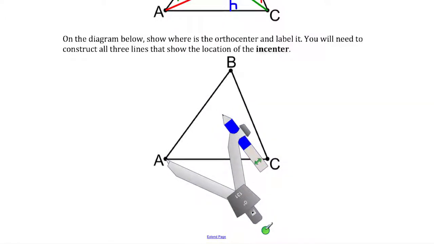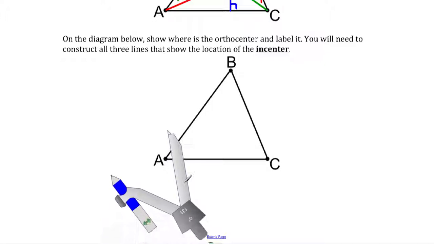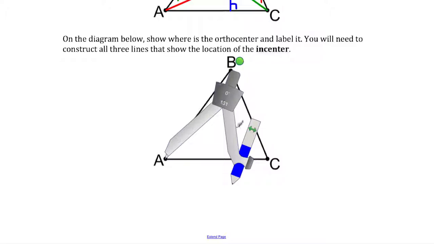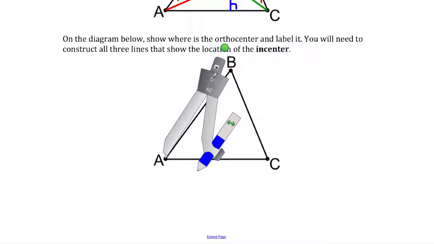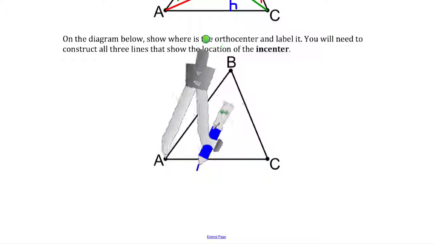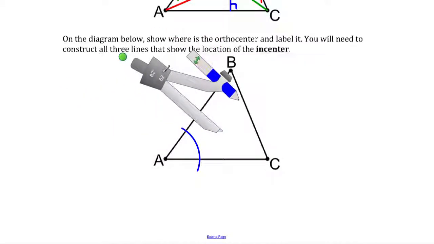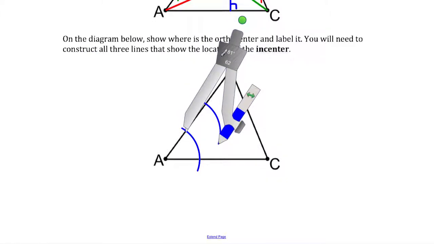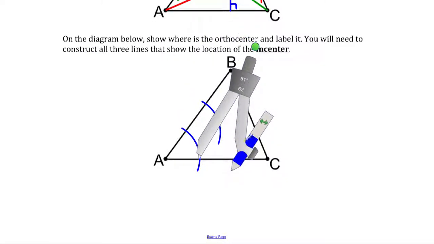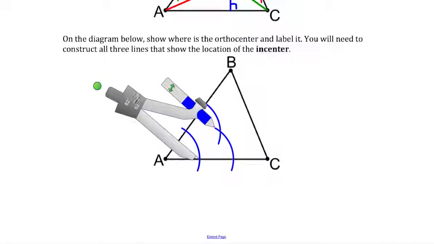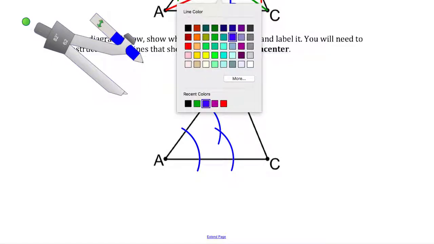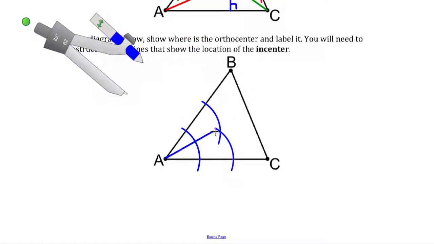Okay. So from the angle, we're going to draw a nice little arc. And then, not changing that, we're going to draw 2 more arcs, as such. And then where they intersect is where the bisector is going to pass through. So this angle bisector is going to go right through there.